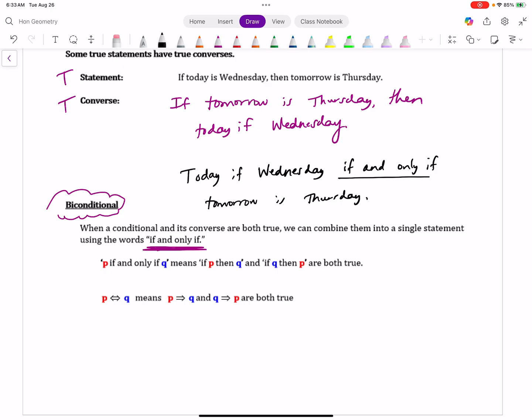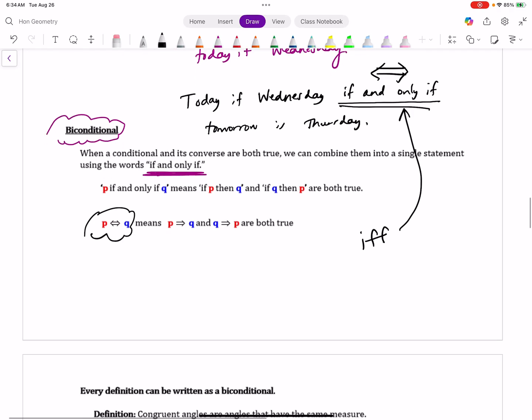So when you see this, it works both ways. With the arrows, we would point both directions. So P implies Q and Q implies P. There is a shortcut. Instead of actually writing out if and only if, you see somebody write IFF. They're not misspelling the word if. They're a mathematician and they know that means if and only if. So that's a short way of saying if and only if.